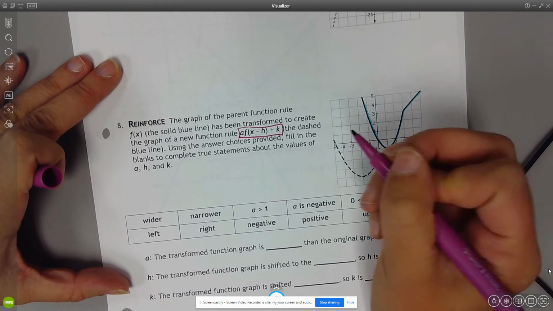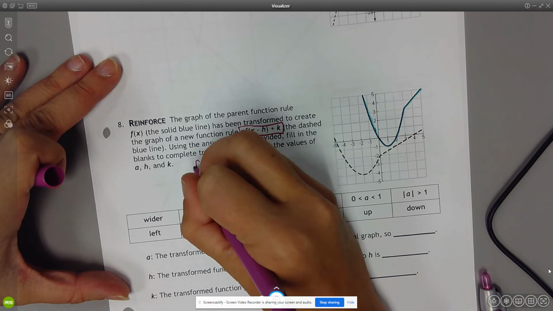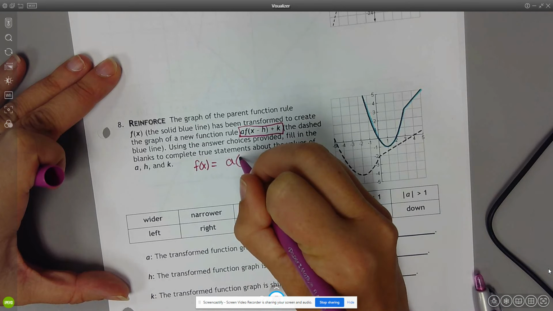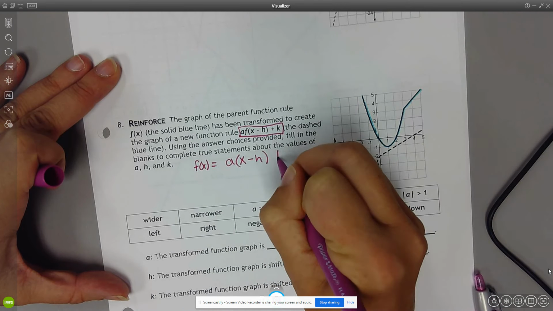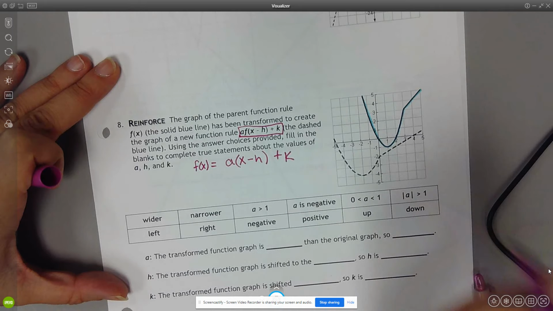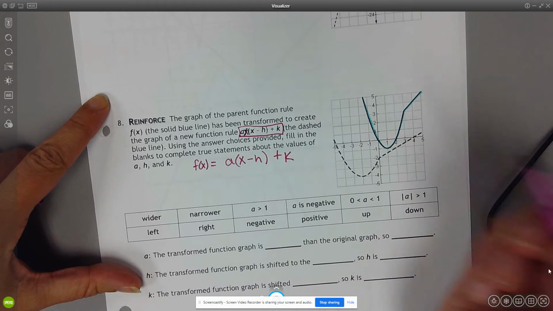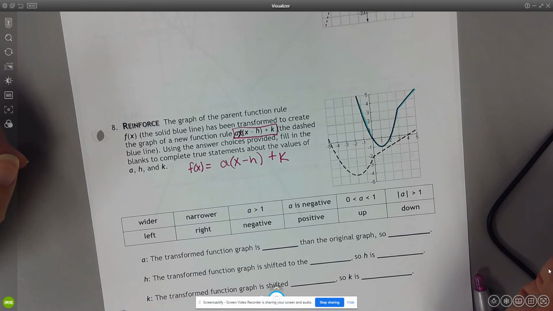For this, all you guys have to know is we could call it f of x equals a times (x minus h) plus k. So don't worry about that f there. I think that's confusing, and this is the first time that all of us math teachers have actually seen it.